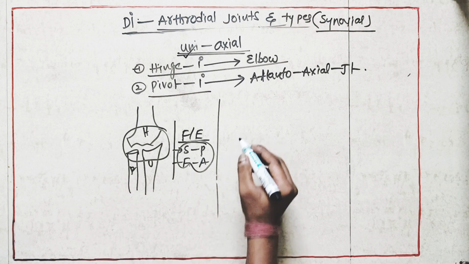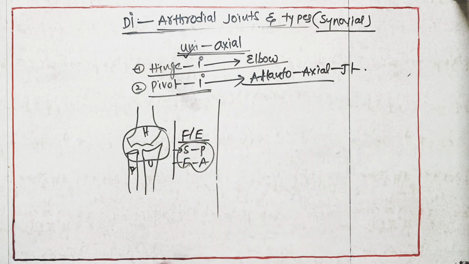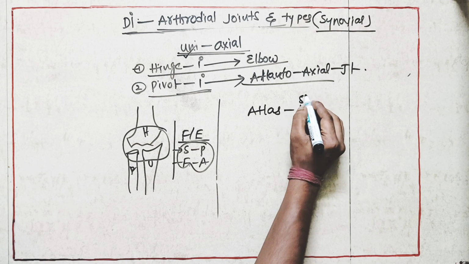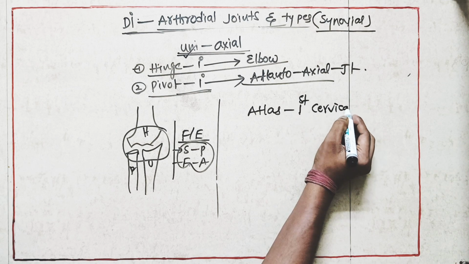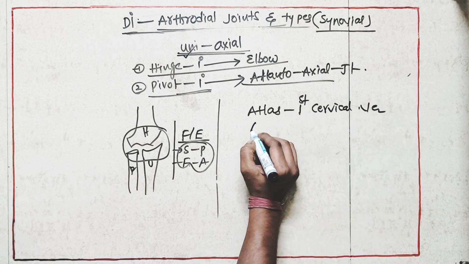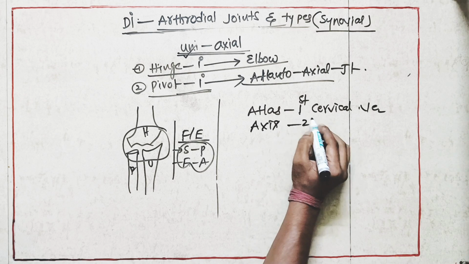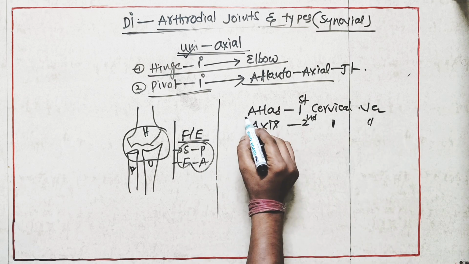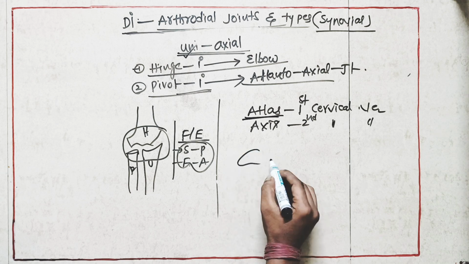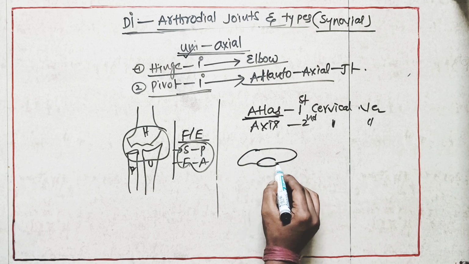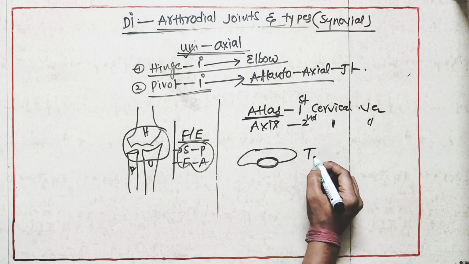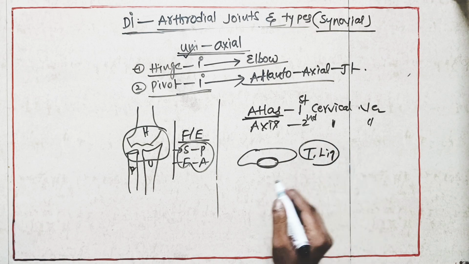Now the pivot joint example, the atlantoaxial joint. Atlas is the first cervical vertebra. Axis is the second cervical vertebra. The atlas vertebra creates a ring in that structure, formed by the transverse ligament.